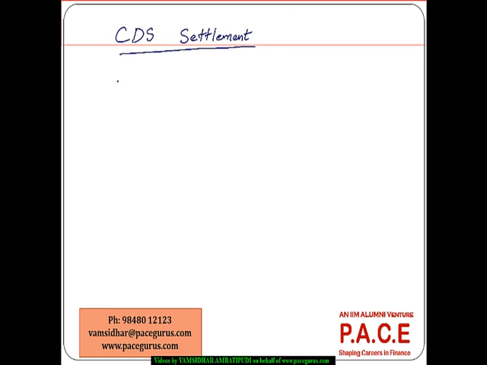Now, if the reference entity A defaults, how does the settlement actually happen? We have already talked about the major objective of the CDS: to compensate the protection buyer for the loss of whatever the par value, that is, the loss on that defaulted bond.